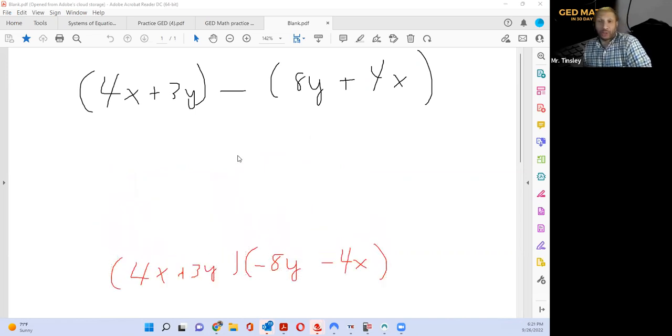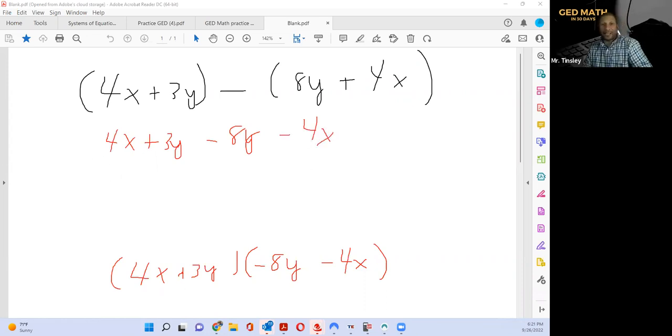The first one, you're combining like terms. It's just like normal addition or subtraction of positive or negative numbers. So in this case, we don't need these parentheses. We bring this down, 4x plus 3y. We have a negative outside the parentheses, so this 8y becomes minus 8y, and this 4x becomes minus 4x.